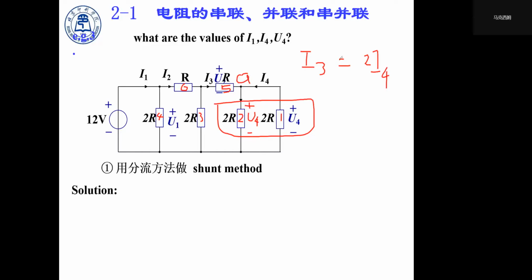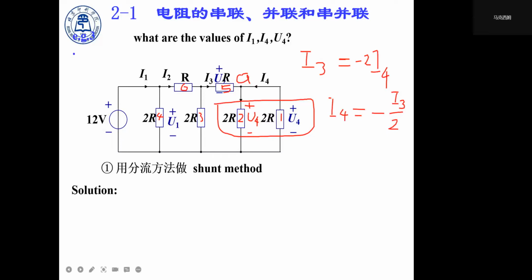So their directions must be opposite, which means I4 equals half of I3. So we copy the first part of this: I4 equals negative half of I3.